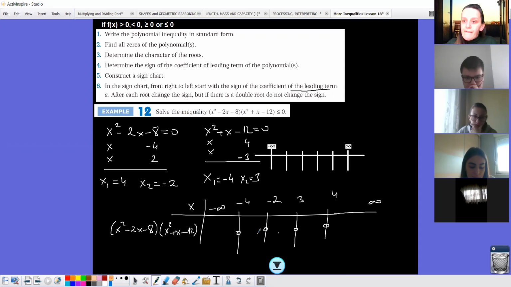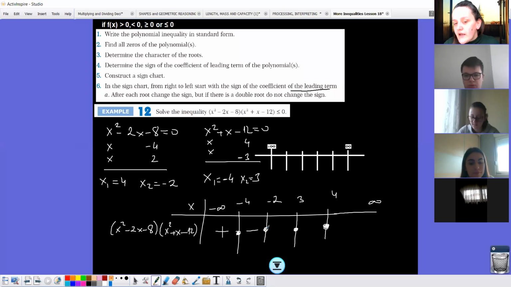It will be filled, because here we have equality. And now, as we said, the leading term is x to the power of 4. It is plus. So what it says here, from right to left, start with the sign of the coefficient of the leading term. So I'm starting with plus.